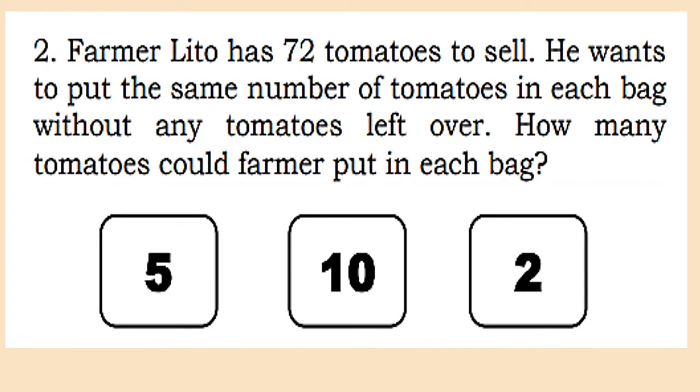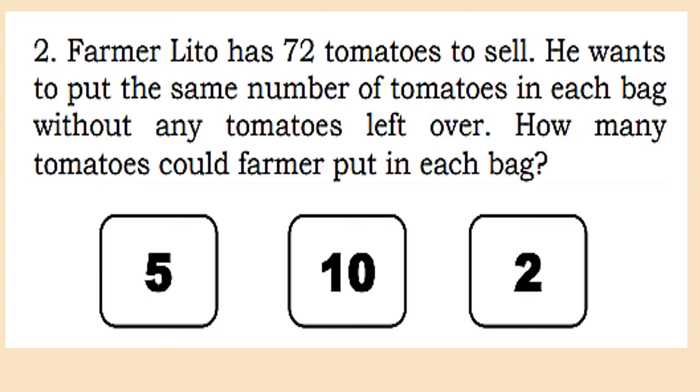Problem number 2. Farmer Lito has 72 tomatoes to sell. He wants to put the same number of tomatoes in each bag without any tomatoes left over. How many tomatoes could the farmer put in each bag? The choices are 5, 10, and 2.